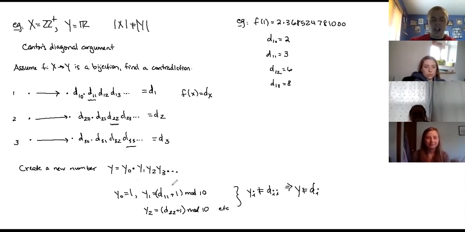So again, I have y1 equals d1 plus 1, right? So these two aren't the same. If I had an 8 here, I'm gonna have a 9 here. If I had a 4 here, I'm gonna have a 5 here, right? I'm adding 1. So this point and this point aren't the same. First number after the decimal point here and first number after the decimal point here are different.